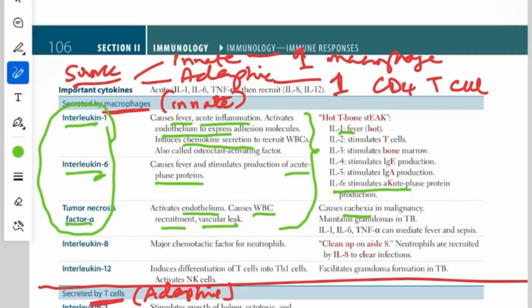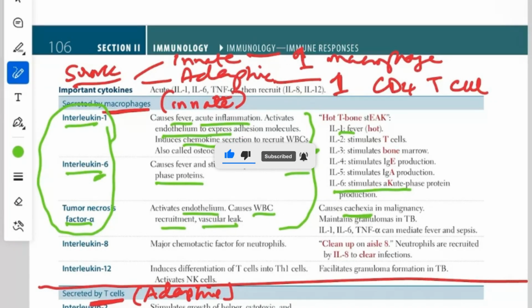Now there are conditions where TNF alpha is secreted pathologically. That's the pathologic condition where TNF alpha is overproduced and leads to a lot of problems such as weight loss, loss of muscle mass, low appetite, all of that. So we're talking of cachexia.